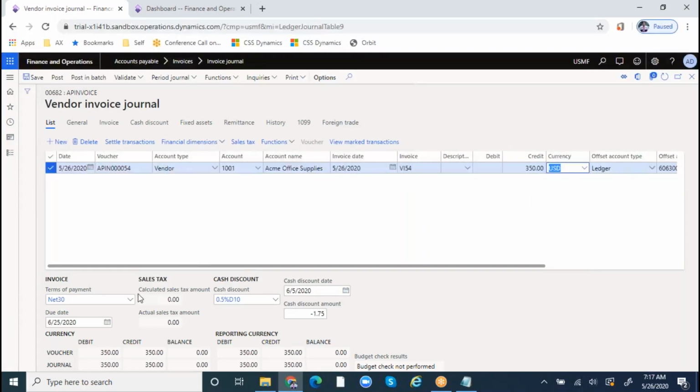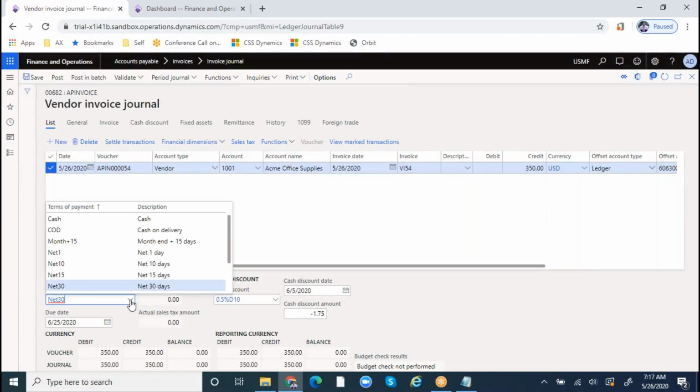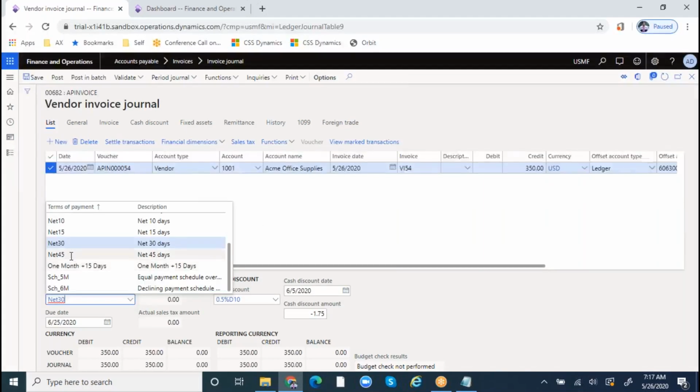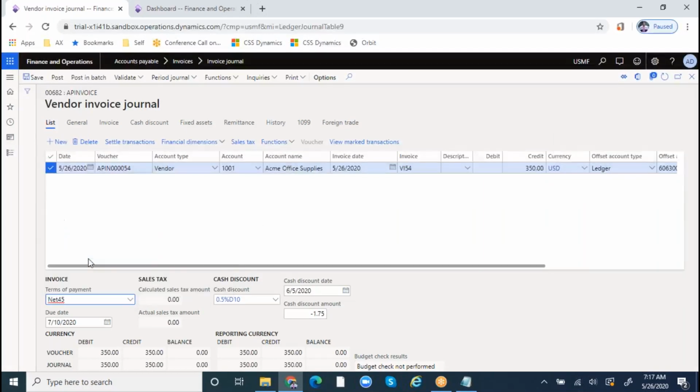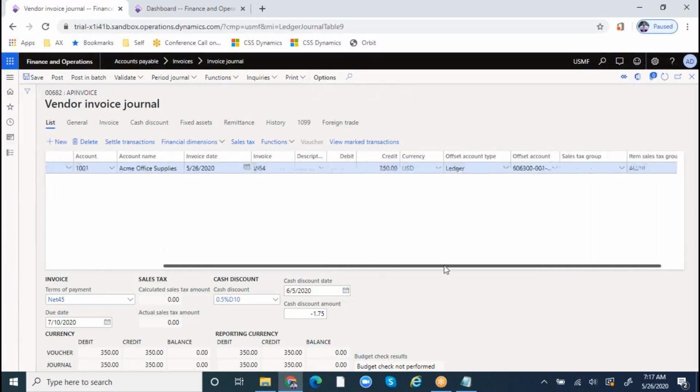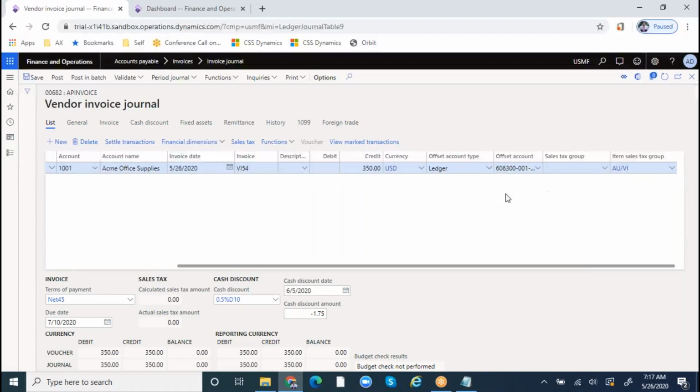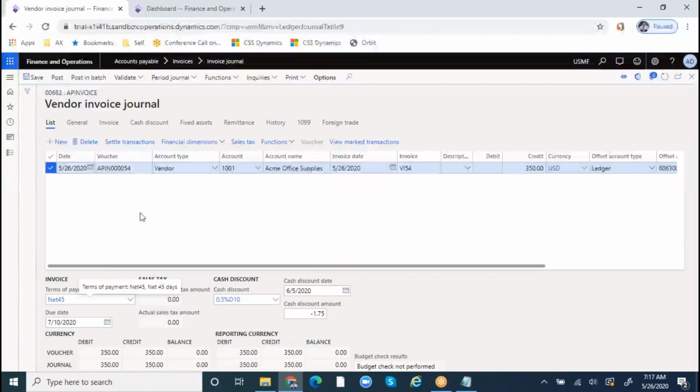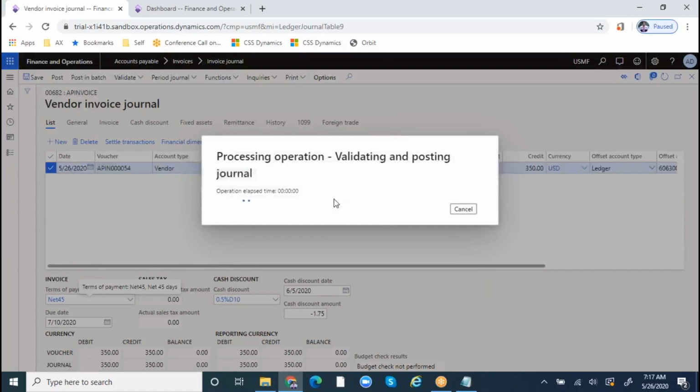Here the terms of payment is there. Suppose I'm mapping net 45 days. Now I'm posting. Click on post. I have mapped 45 days.